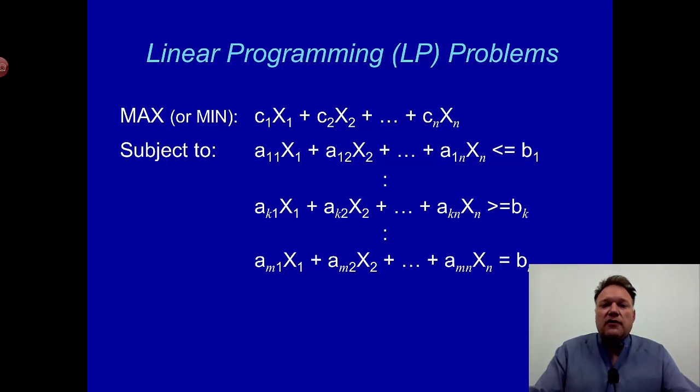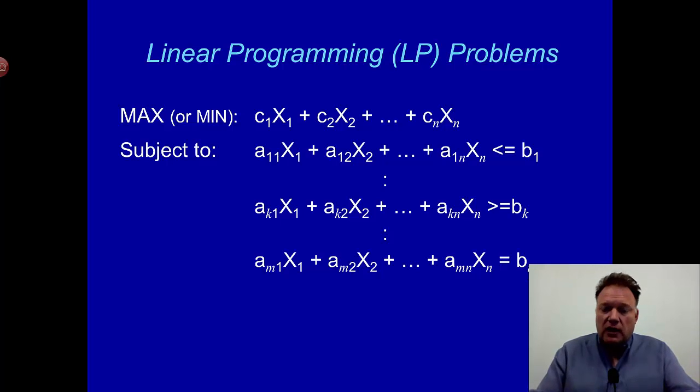The first subscript refers to the first constraint, and the second one refers to the first decision variable. So A11 x1 plus A12 x2, where that whole row is the first constraint, and the 2 refers to the second decision variable. The next one would be A13 x3. And so forth. It depends on how many decision variables we have.